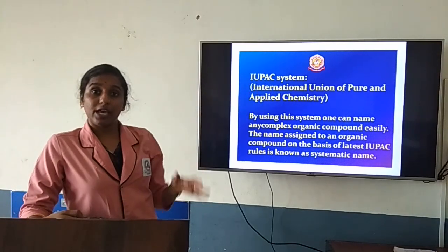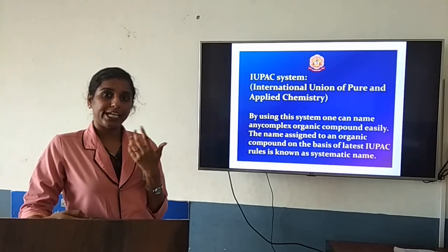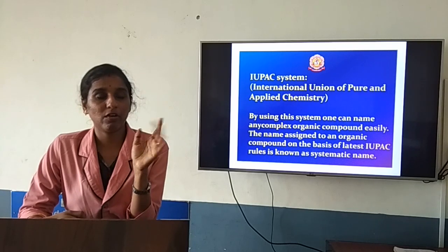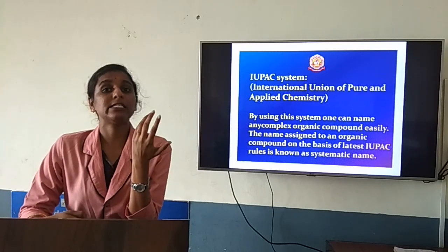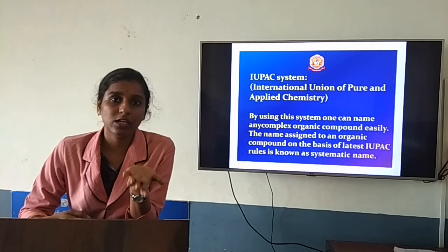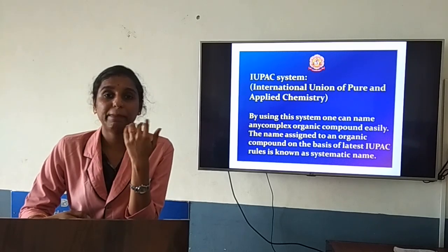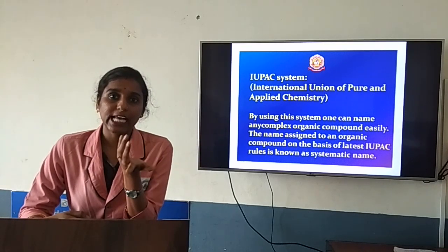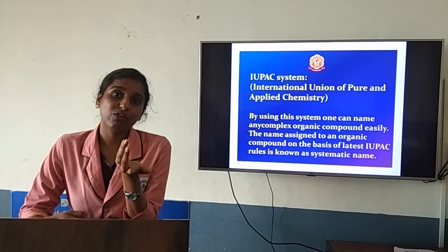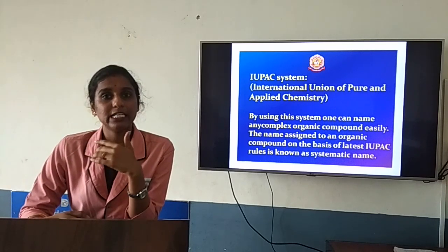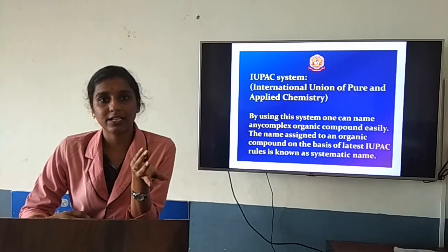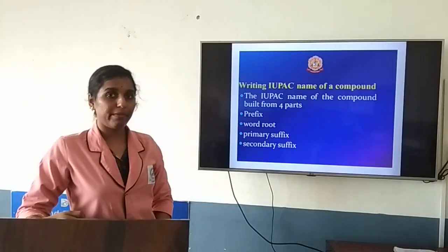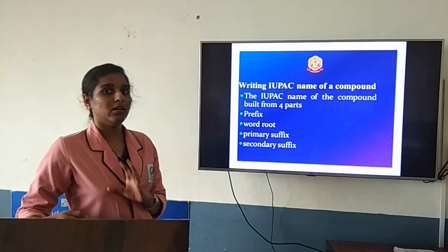They decide what kind of name to give based on some rules. They have released the rules so that even we can name the compound, and that name will be recognized all over the world. If you say ethanoic acid, wherever you go, they will understand it is nothing but acetic acid. So it is considered the IUPAC name based on the compound formation.